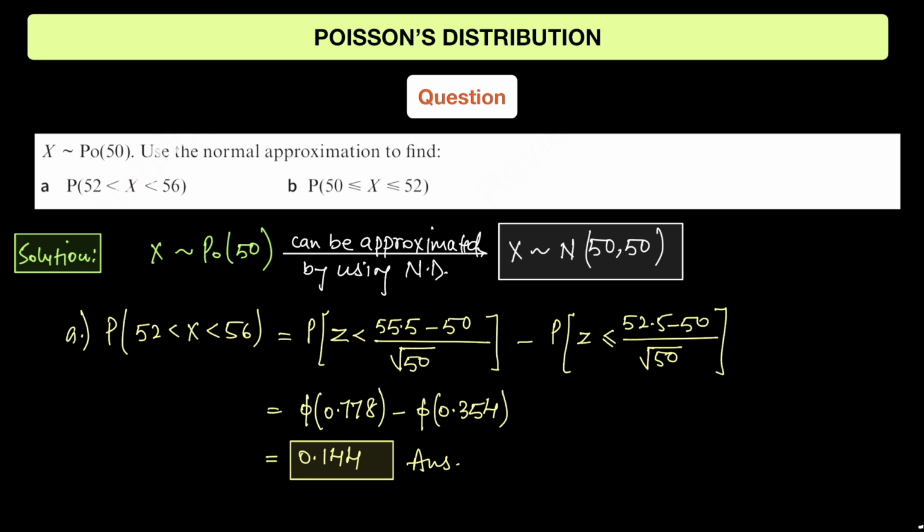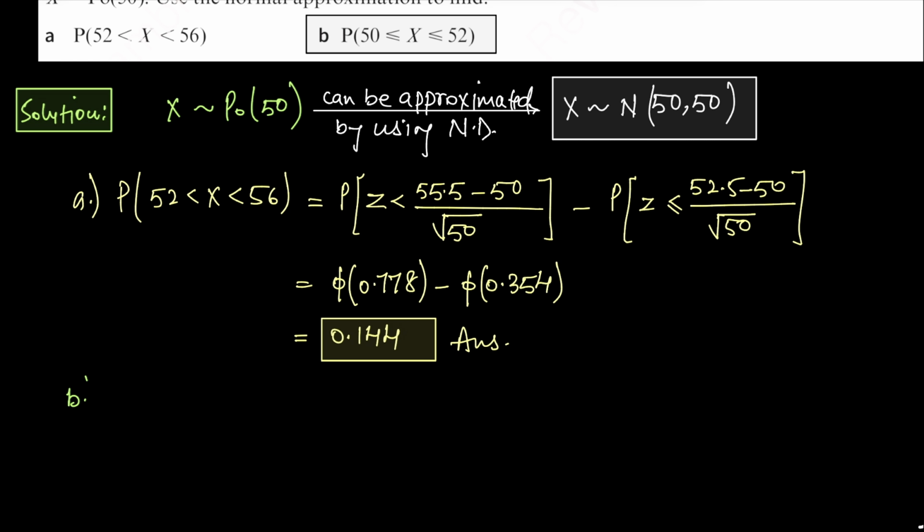Okay, so this is the way we need to solve a question which is asking about X between 52 and 56. Now let's move on to part B of this question. Part B asks us to find the probability of X being greater than or equal to 50 and less than or equal to 52. Again, we will apply continuity corrections.